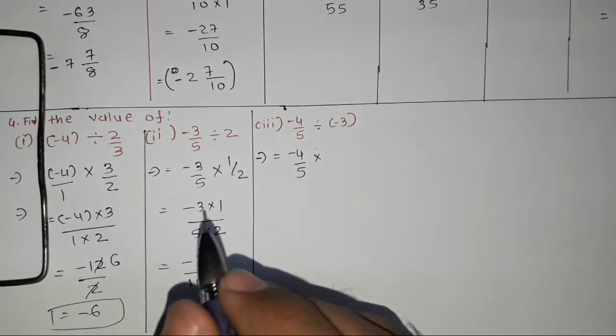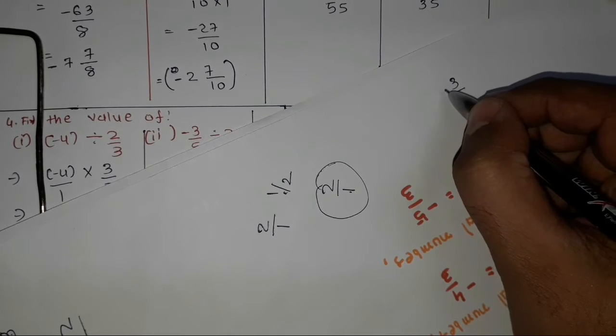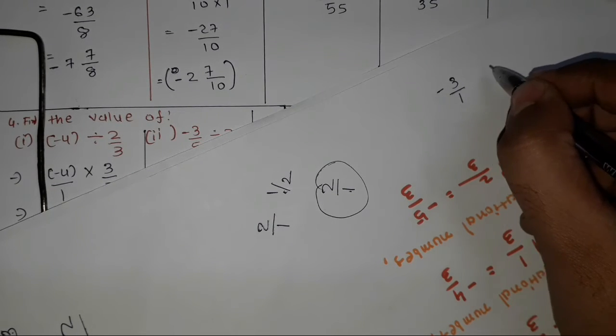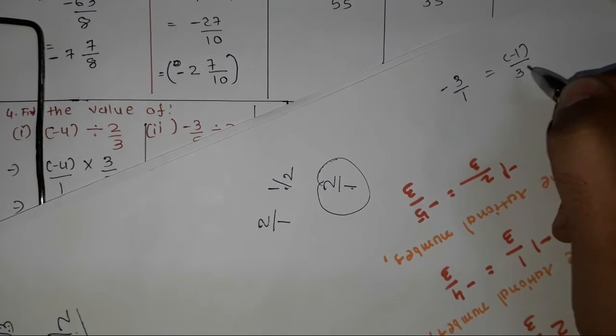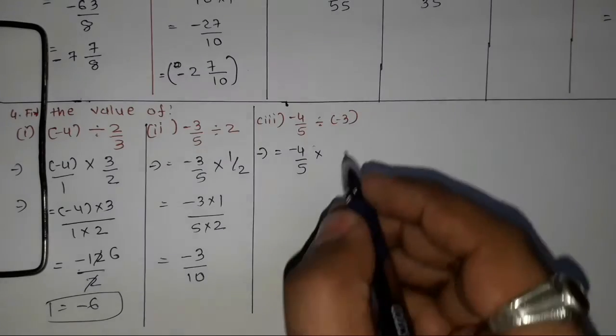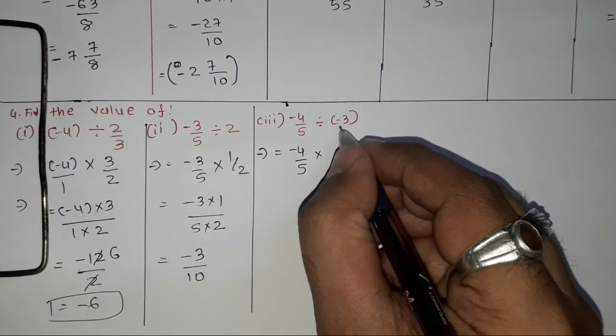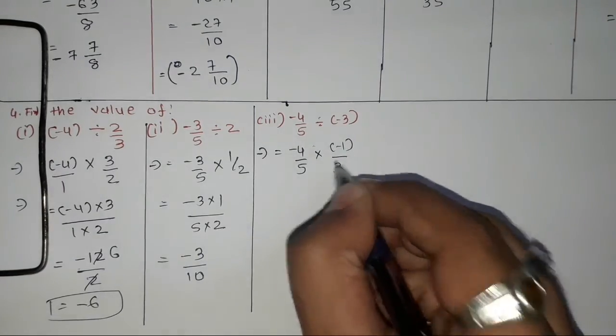I can write this 3 as 3 upon 1, and here it is minus 3. So what will the reciprocal be? It is minus 1 upon 3, because the numerator was negative. So here minus 4 upon 5, and the reciprocal will be minus 1 upon 3.